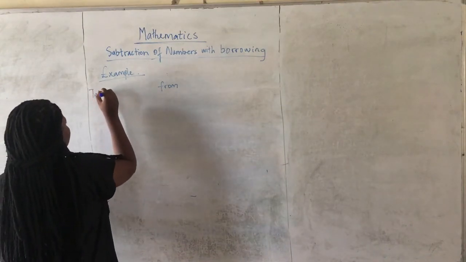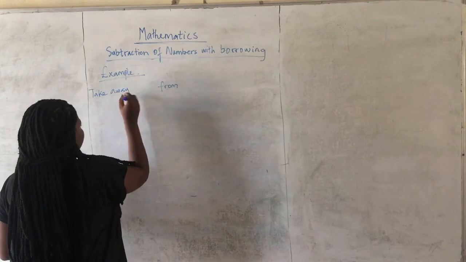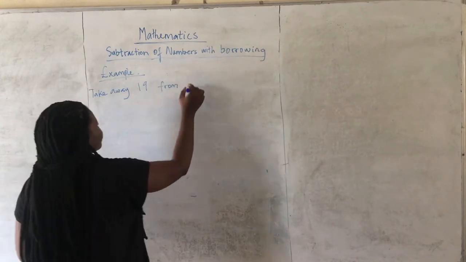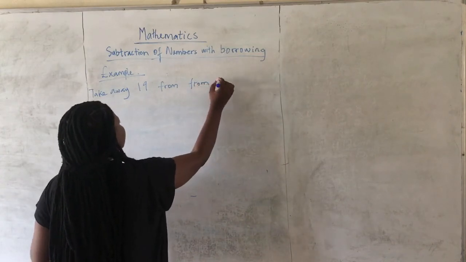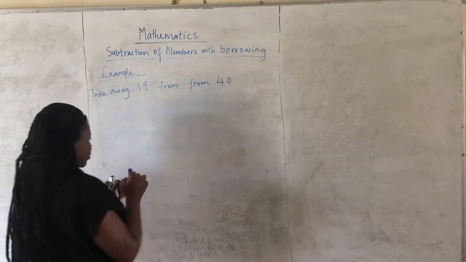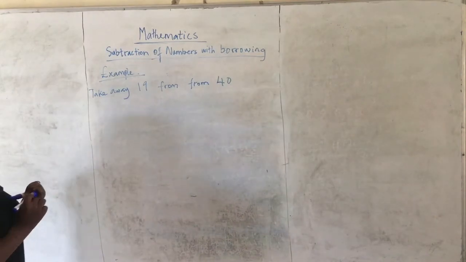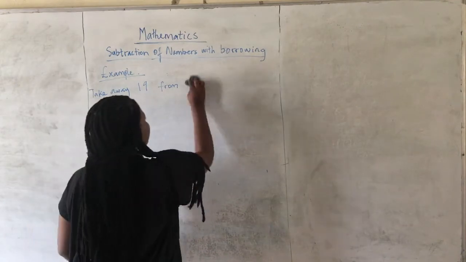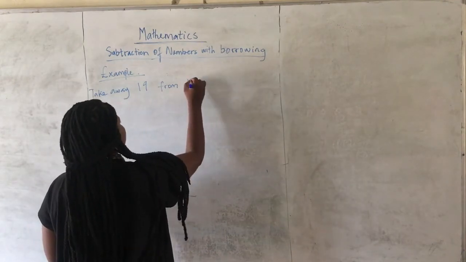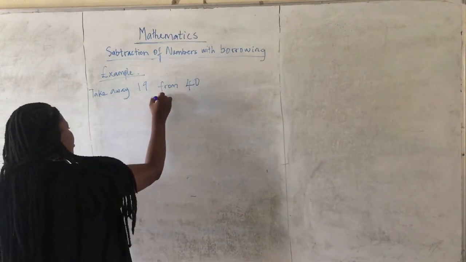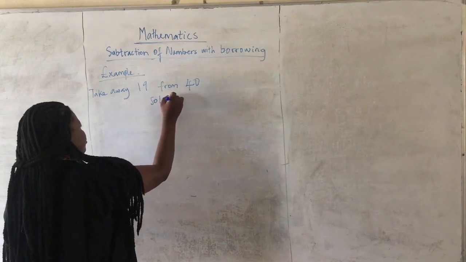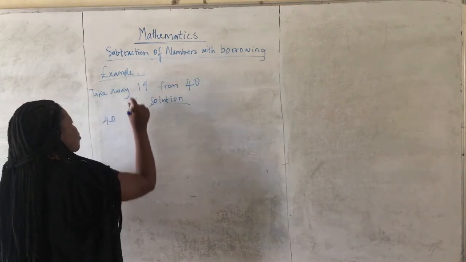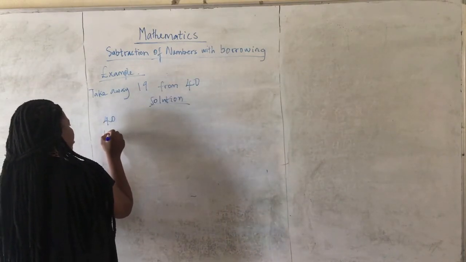Take away 19 from 40. Solution. 40 first, because we have to remove 19 from 40, then 19.